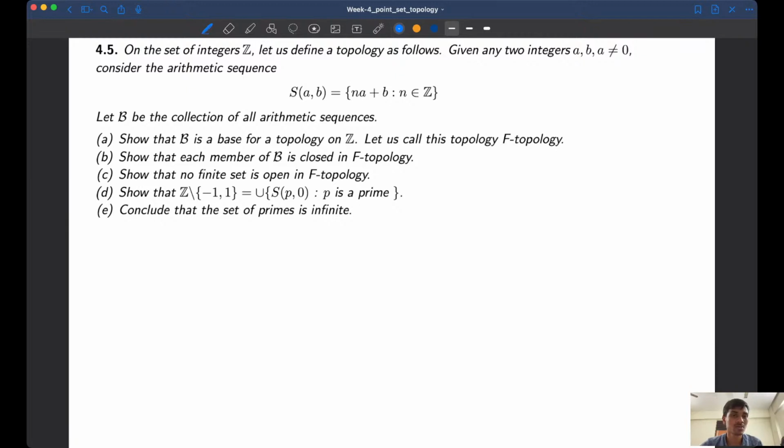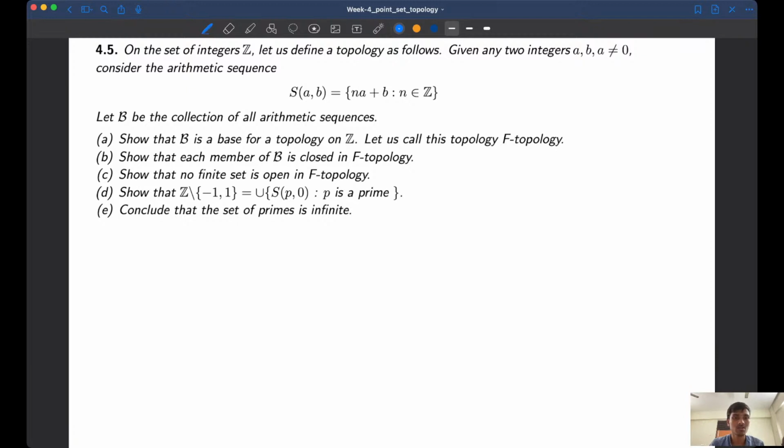Then you show that Z minus {-1, 1} can be written as the union of all the PZ, where there is no shift, so it is the union of PZ. But you show that each PZ is open, right? For each S(a,b), they are open sets.